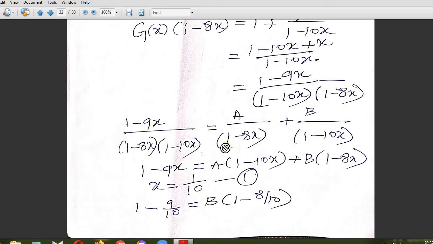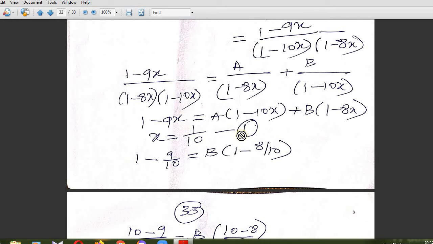You will get a into 1 minus 10x plus b into 1 minus 8x. Now the denominators are equal, therefore the numerators must be equal. That is 1 minus 9x equals a into 1 minus 10x plus b into 1 minus 8x.